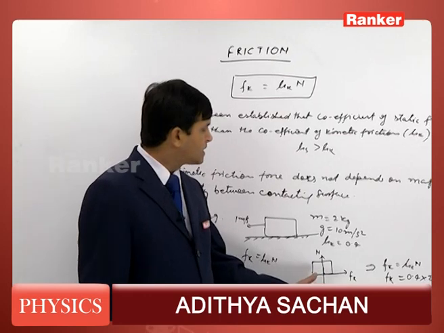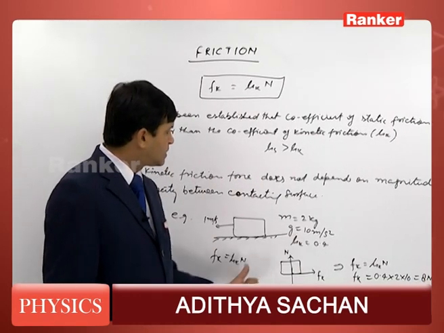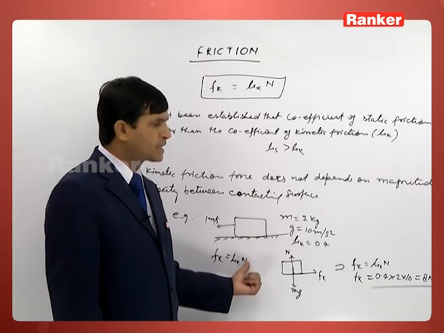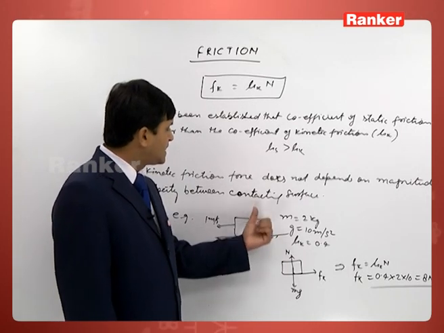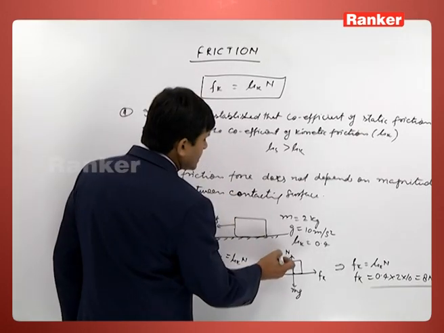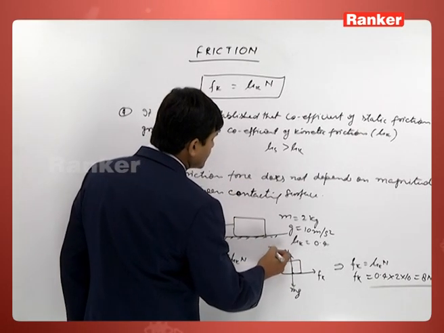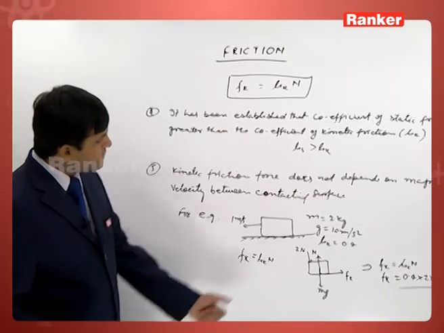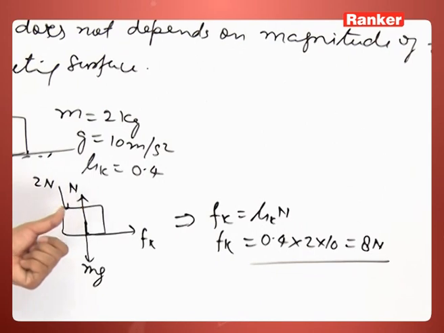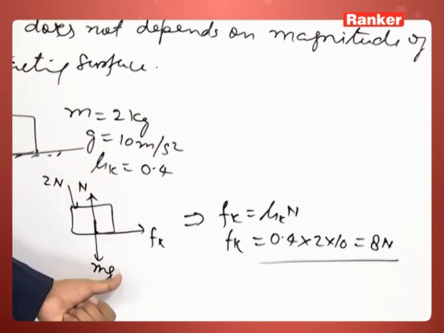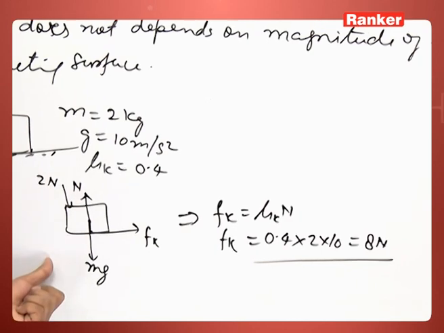The main thing is the determination of the normal force. Normal forces can change in different conditions. Suppose an external force is acting, for example, in the same question, suppose another force of 2 Newton is acting in this direction. In that case our equation will be: upward force, your normal; downward force, your mg and 2 Newton.